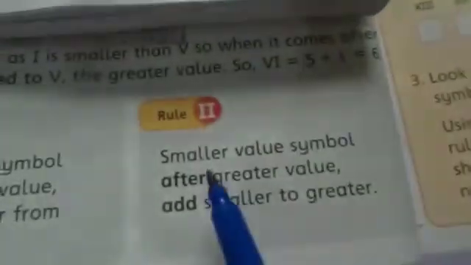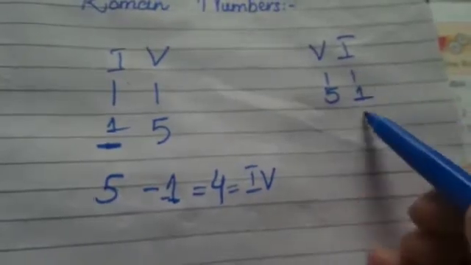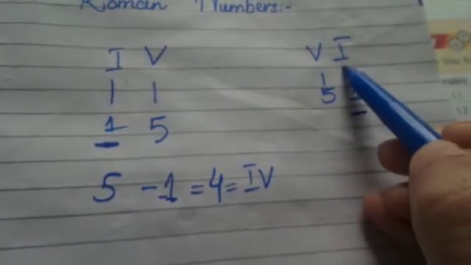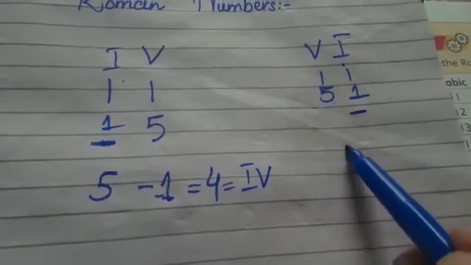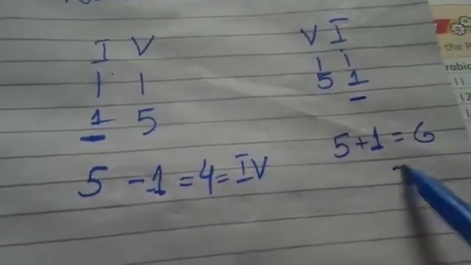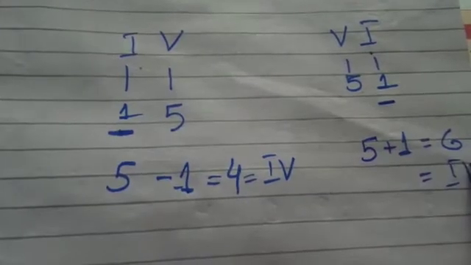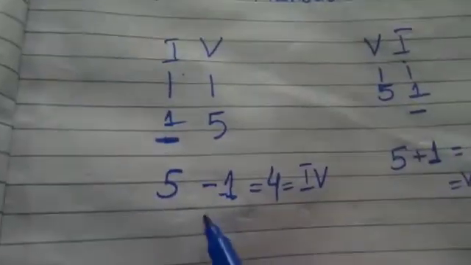Rule number 2: a smaller value symbol after a greater value, add smaller to greater. When the smaller value symbol I comes after the greater value symbol V, it means you have to add these two. 5 plus 1, 6. That is VI. 4 is IV and 6 is VI.